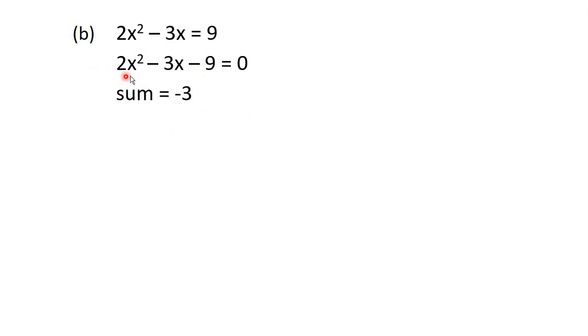So we multiply 2 times negative 9, which gives us negative 18. So we shall look for two numbers whose sum is negative 3 and product is negative 18.